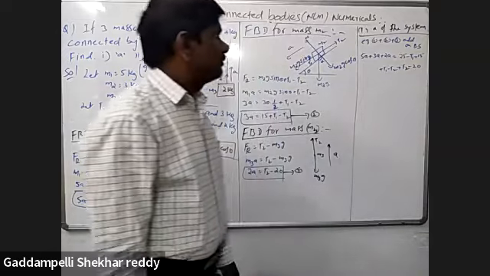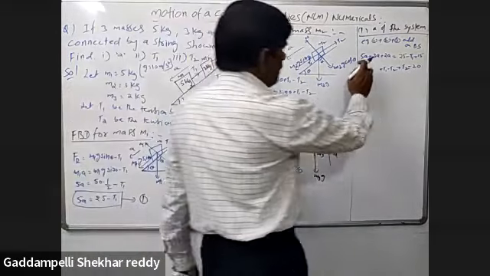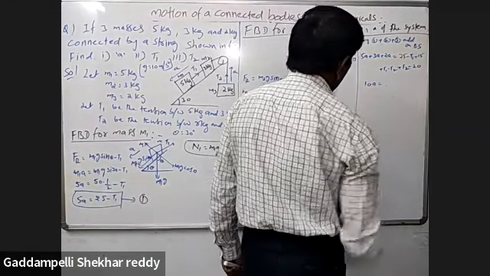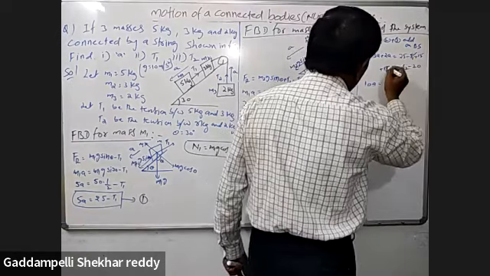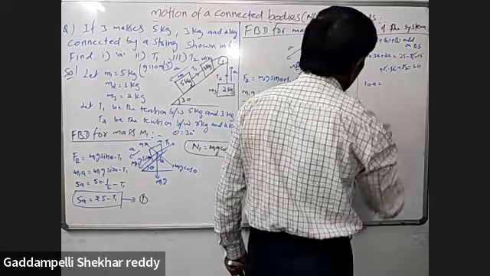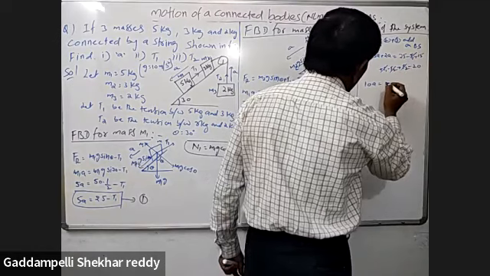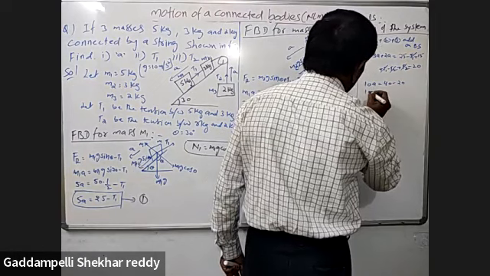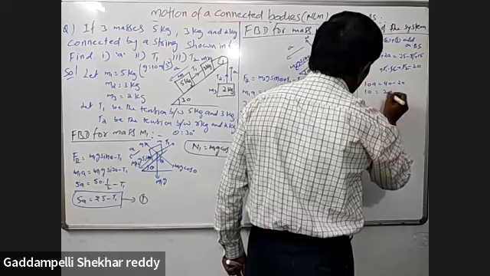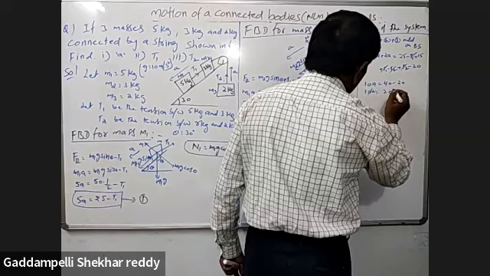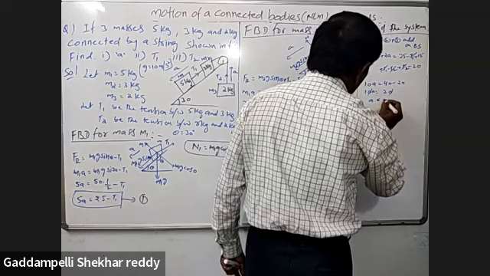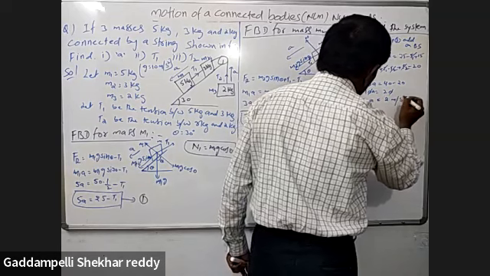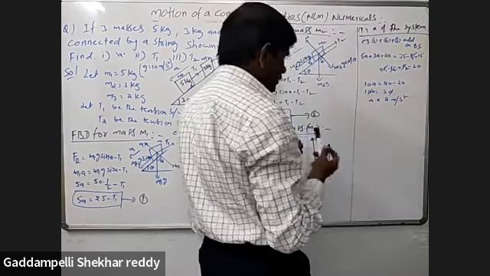So 5A, 3A, 8A, 2A, 10A. 10A is equal to, minus T1 plus T1 cancel, minus T2 plus T2 cancel. So 25 plus 15, 40, minus 20. 10A is equal to 20. That means 0, 0 cancel. A is equal to 2 meter per second square. This is the acceleration.